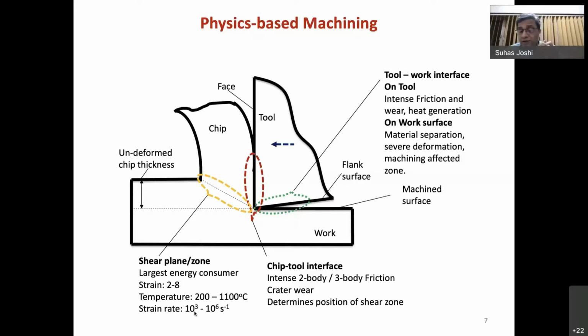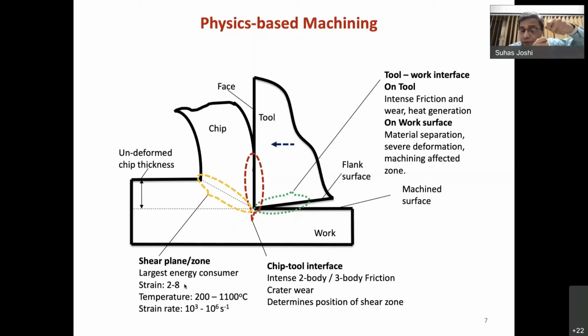You don't realize how much pressure, stress, and temperature you are applying on the material, but it is similar to a bomb blast. Similarly, for strains, if you take tensile testing equipment and undertake a tensile test, you will find that the specimen will break at a strain of 0.